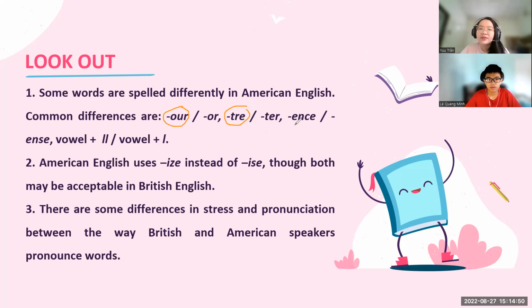Right. Next, we have ENCE and ENSE. So the ending CE or SE causes a lot of confusion for students. It's like the word sense and since. Sense is like a small clip cut from the movie, and it is different.